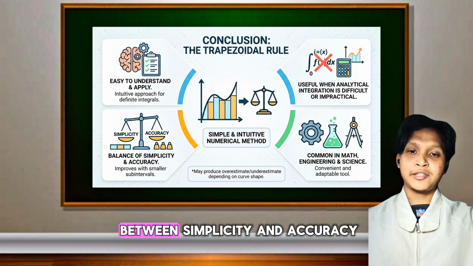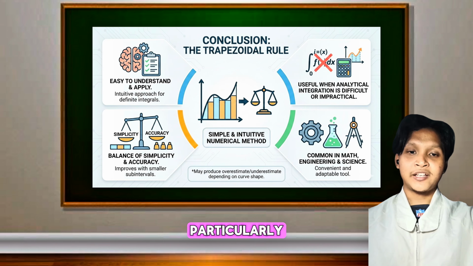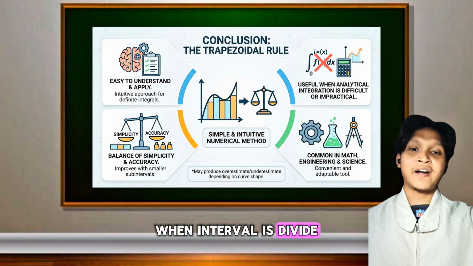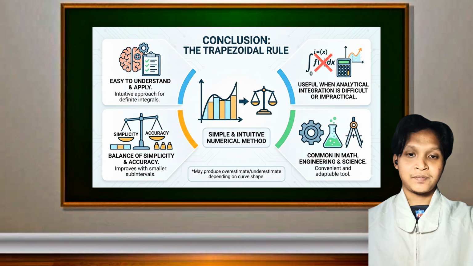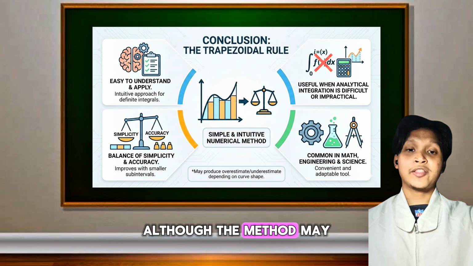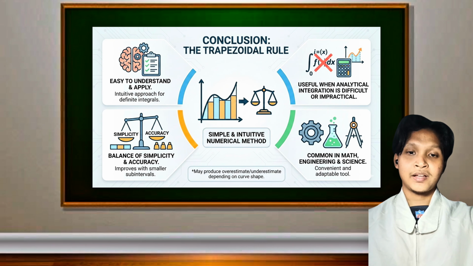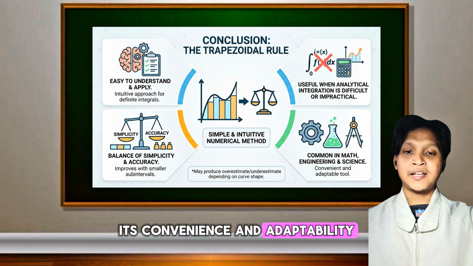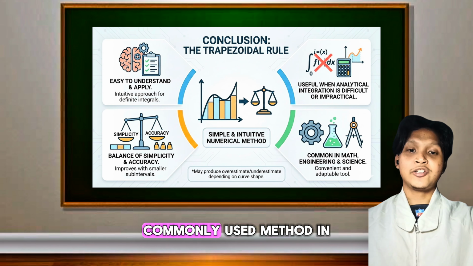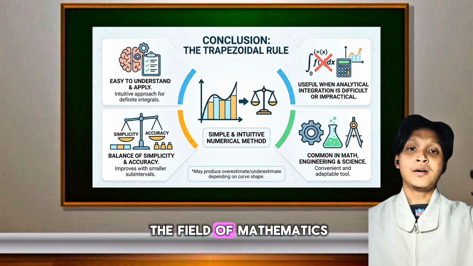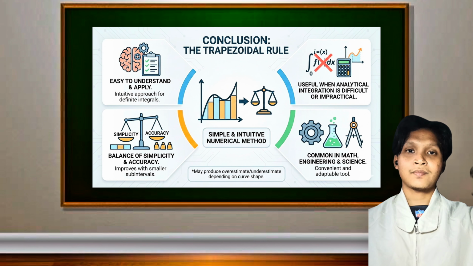It offers a balance between simplicity and accuracy, particularly when the interval is divided into smaller sub-intervals. Although the method may produce an overestimate or an underestimate depending on the shape of the curve, its convenience and adaptability make it a commonly used method in the fields of mathematics, engineering, and science. Thank you.